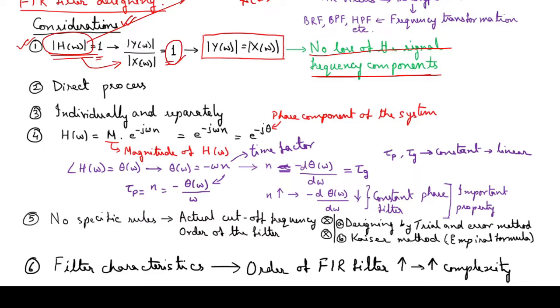You need to understand that when we talk about filters, conventionally filters are designed to reject some frequency components. It may be a single frequency component or a band of frequency components. In other words, filters allow certain frequency components to pass through and suppress some other frequency components.